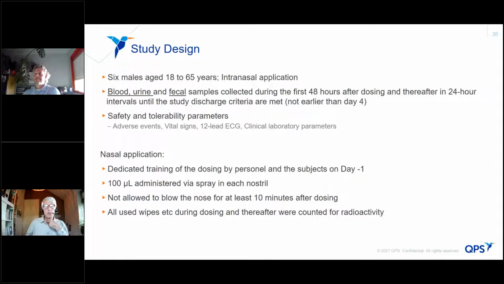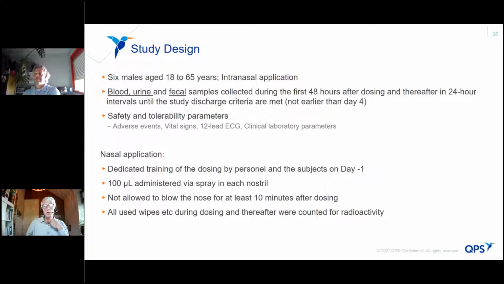Concerning the nasal application, this was very specific. The device was specific, and we wanted to make sure that things were dosed properly. So on day -1, we did dedicated training of the dosing personnel as well as the subjects. In dosing, 100 microliter was administered via spray in each nostril.